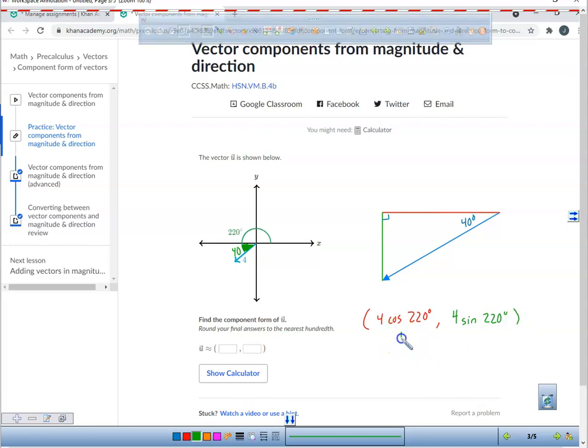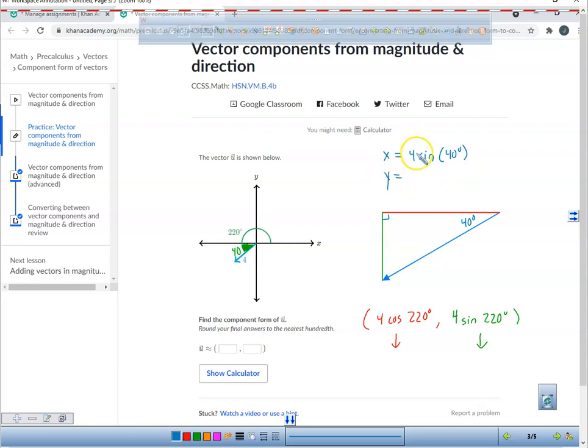Now, if we do this, should I get a negative answer for both of them? I should, right? I should get a negative answer for this, and I also should get a negative answer for this. Now, what I'm going to do is I'm just going to check in the calculator just to be safe.